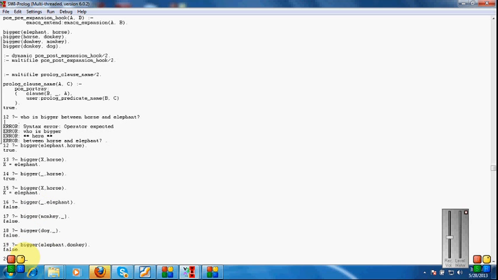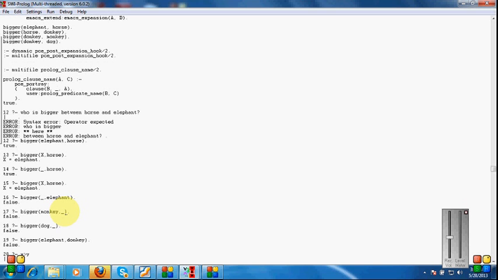It means the transitive relation between elephant and donkey is not represented by the Prolog engine. It is not understood by the Prolog engine because first is bigger than second and second is bigger than third, but it does not understand that first is also bigger than third because of the connectivity through the second. Sorry, this is not Prolog.